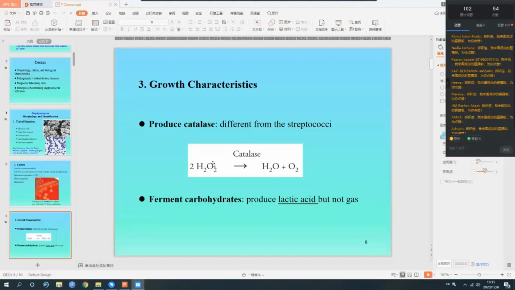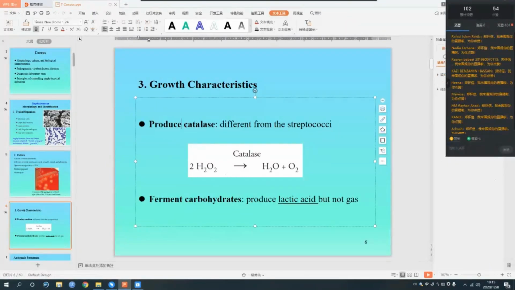This is a table summarizing the characteristics of different species of Staphylococcus. In this table, the very left one, Staphylococcus aureus, is the most important one, which is more virulent and causes infection in humans and causes us a lot of trouble.